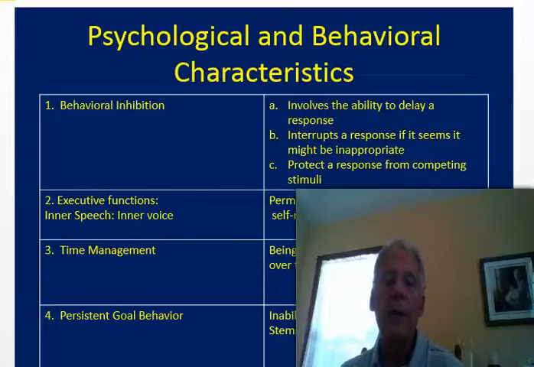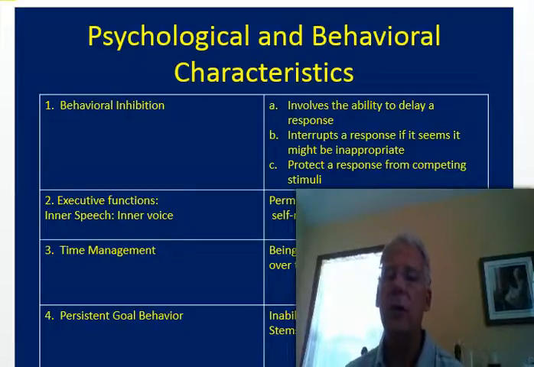If you have behavioral inhibition, you are able to delay a response to a particular stimulus. You're able to interpret the response if it doesn't seem to be quite appropriate, and you're able to protect the response from competing stimuli. In other words, you're able to read a situation and be able to respond appropriately.